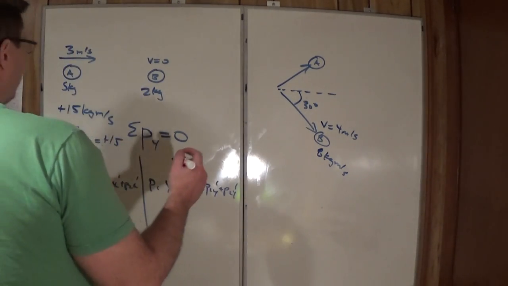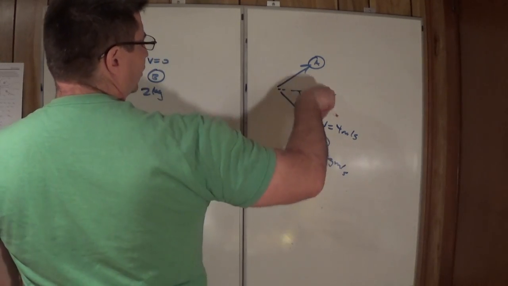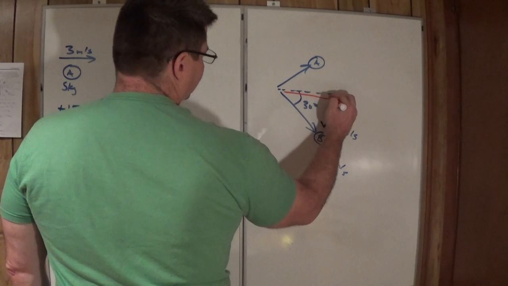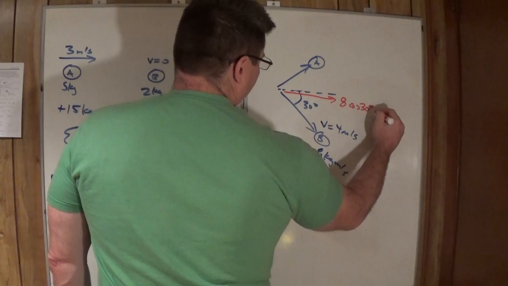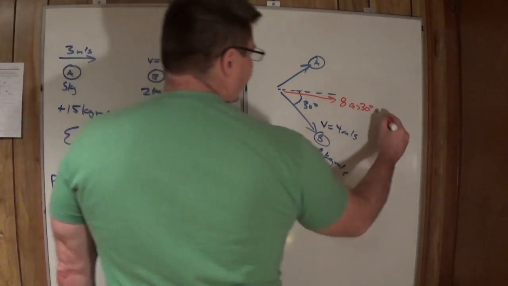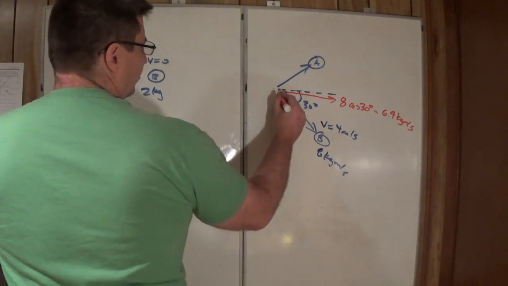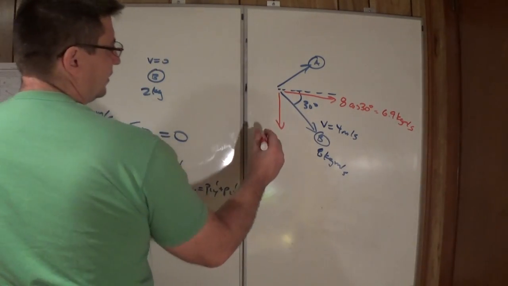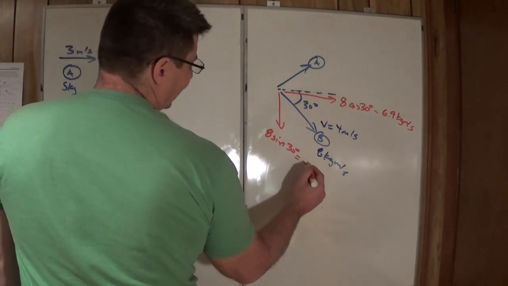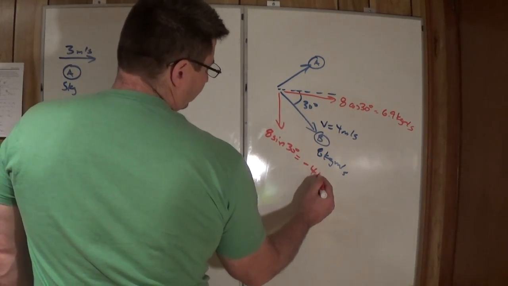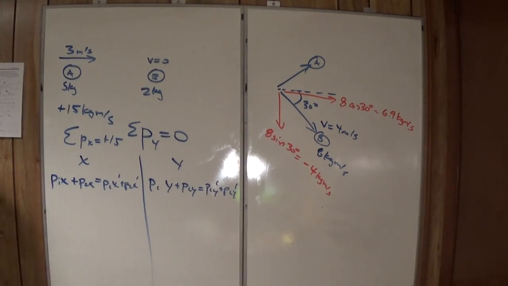The eastward component is 8 times the cosine of 30 degrees, which is 6.9 kilogram meter per second. And the y component, 8 sine 30 degrees, is negative 4 kilogram meter per second. We're picking negative because we're making south our negative direction.